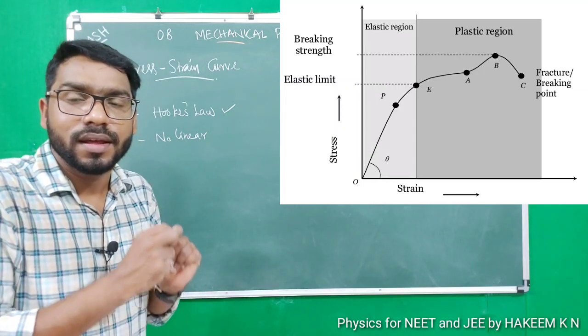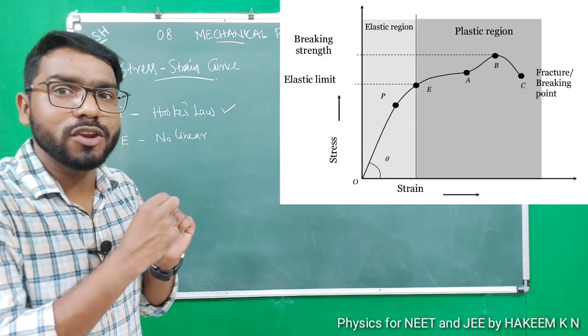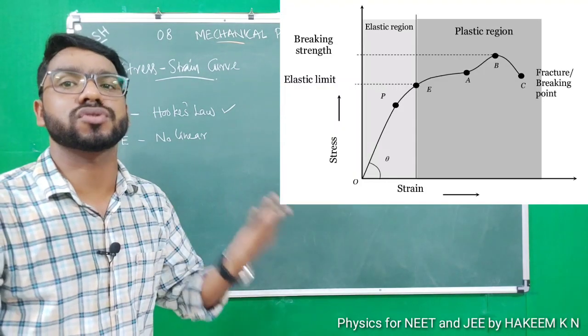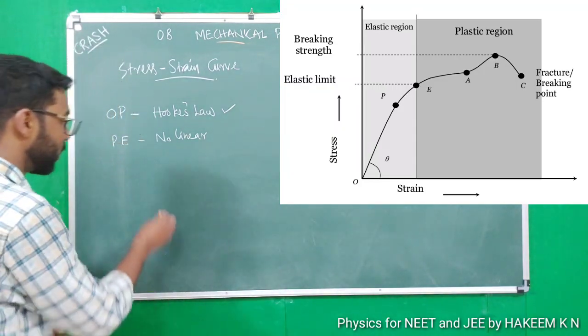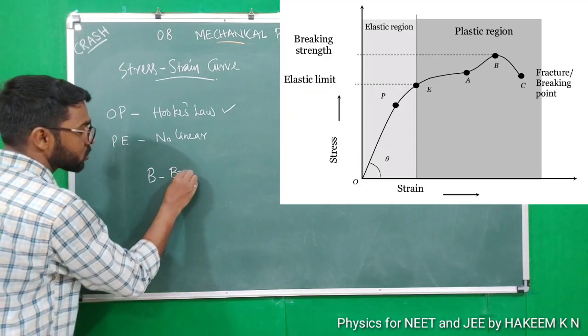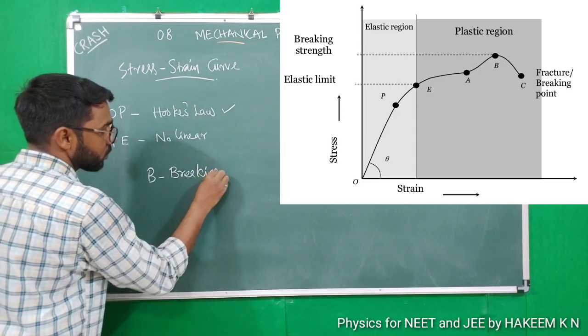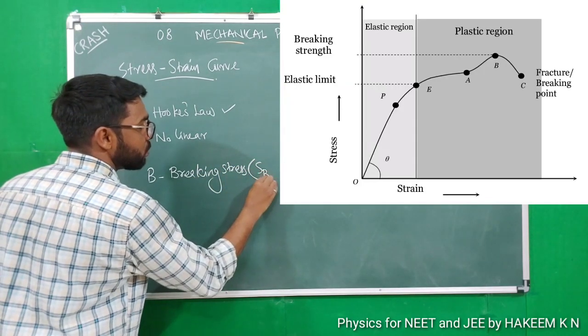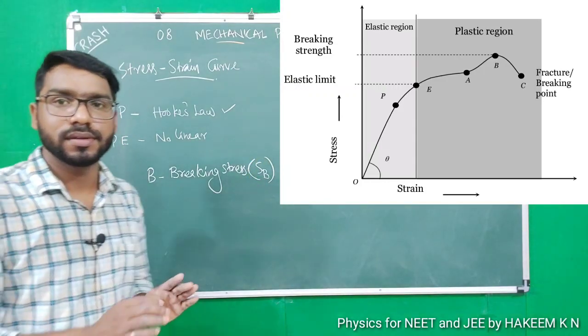Then that maximum value of stress is marked there as B. It is called breaking stress. B denotes breaking stress. We can say it as SB also, breaking stress.